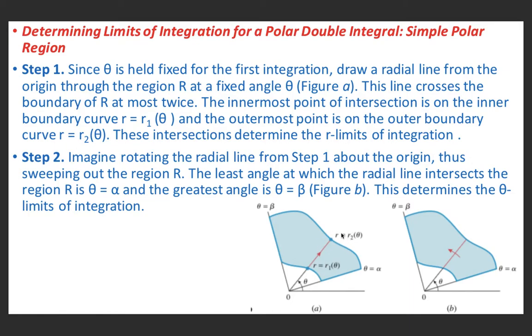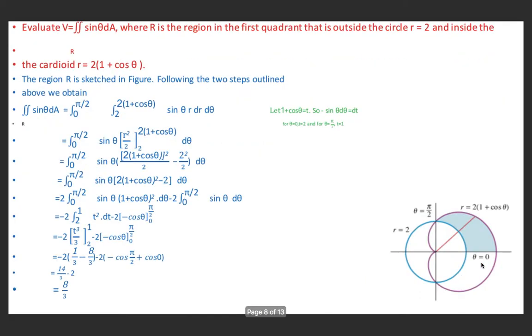These are the r limits of integration. Then we imagine it rotating about the origin and sweeping out the region R, and it will intersect the least angle at theta equal to alpha and the greatest angle at theta equal to beta. So these are the theta limits of integration.